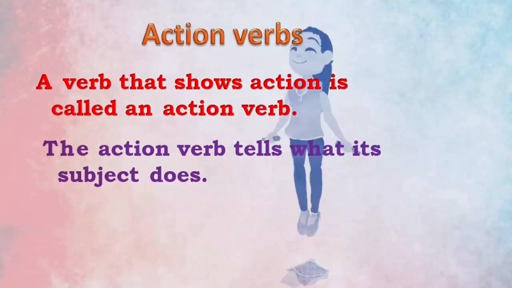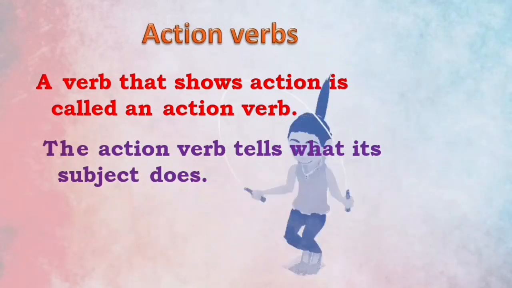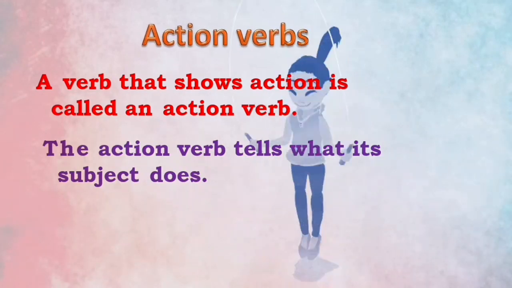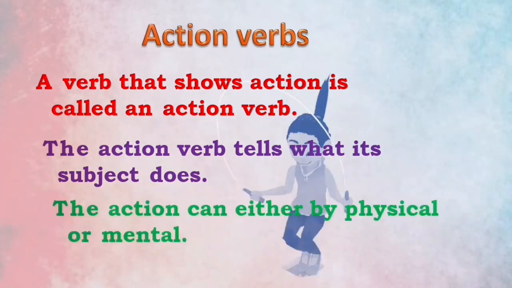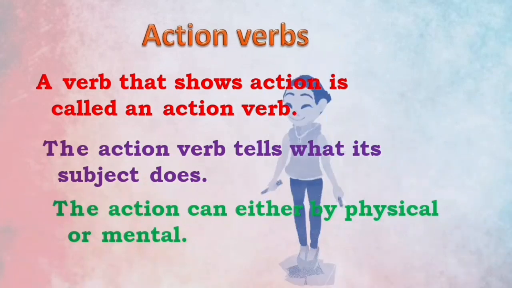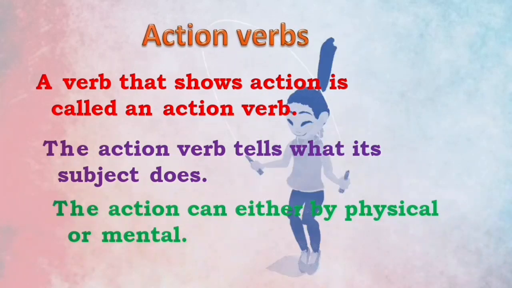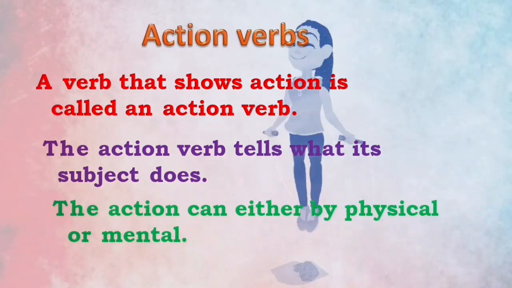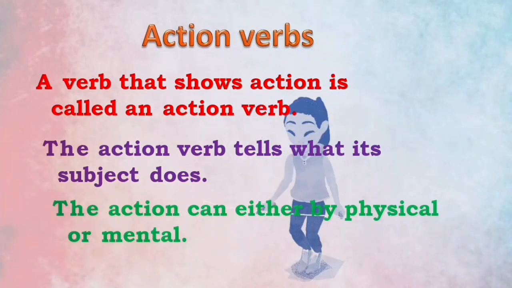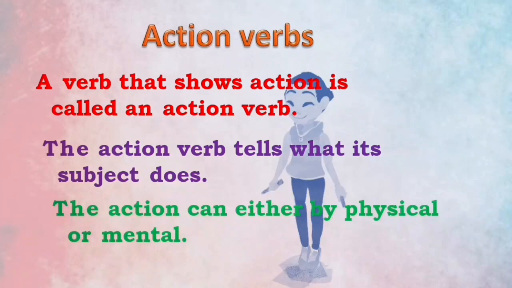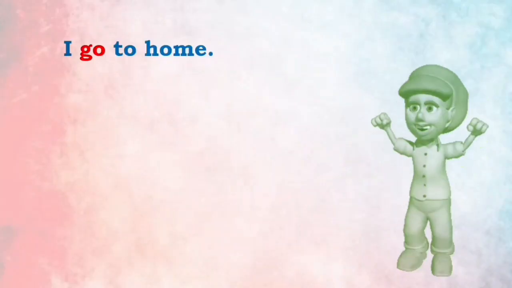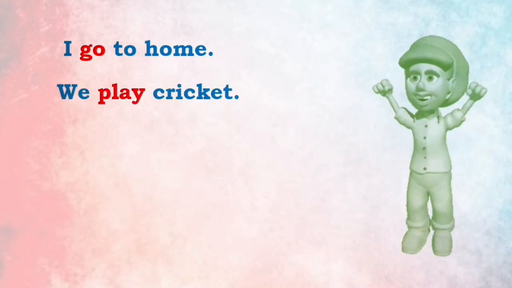Whatever the subject is doing, whether running, sleeping, eating, agreeing, going, or coming, it tells us the action. The action can be either physical or mental, that is thinking or feeling. Both physical and mental actions are told by the verb.